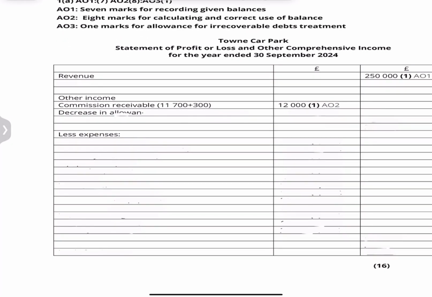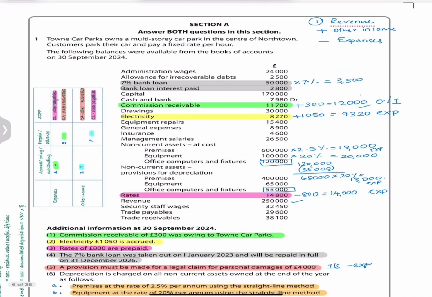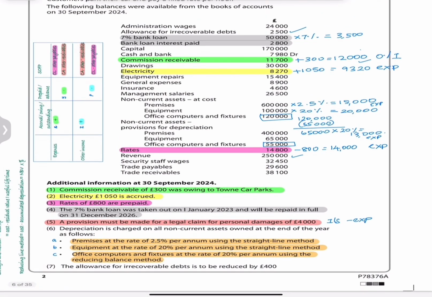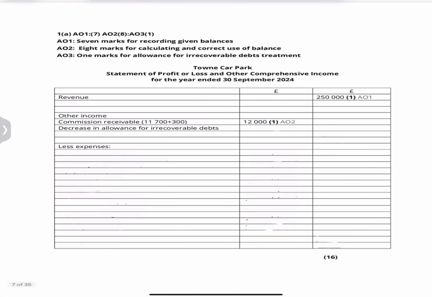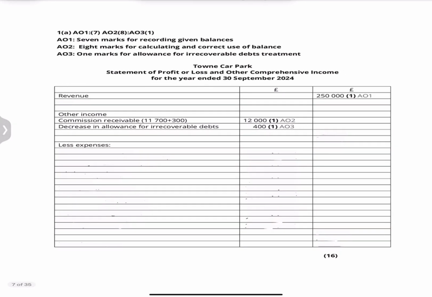Next section, decrease in allowance for irrecoverable debt. At the start of the year, you have allowance for irrecoverable debt of 2,500. At the end, you have 400. So it has reduced by 400. So this amount should reflect under other income. Now, we have completed all the information under other income.